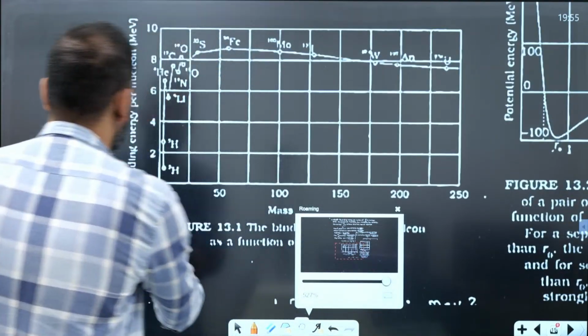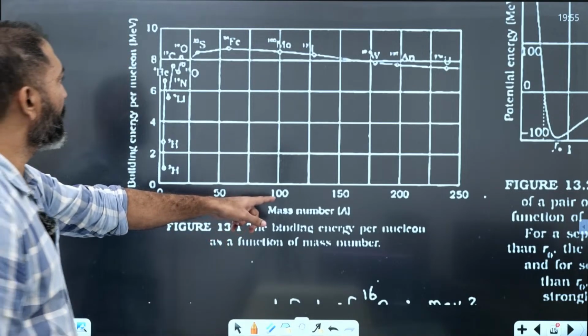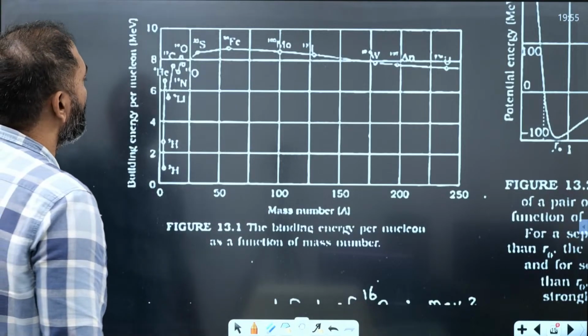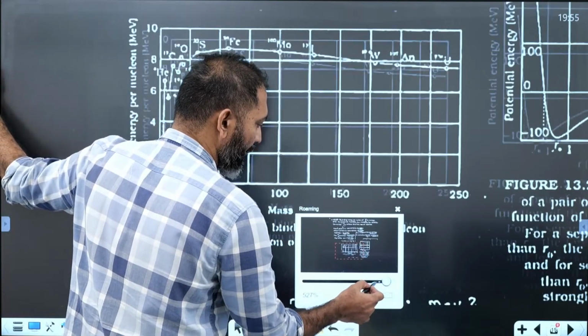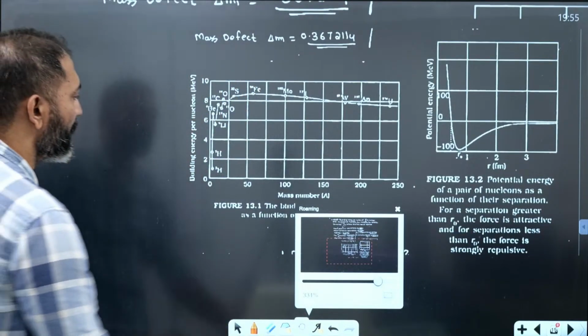See, the binding energy graph: on the x-axis, mass number, and on the y-axis, binding energy per nucleon in MeV. X-axis, what do we have? Mass number. Y-axis, what do we have?